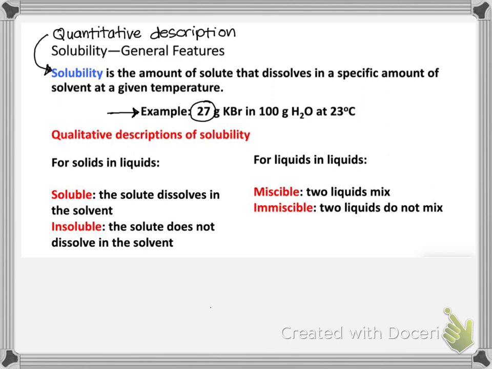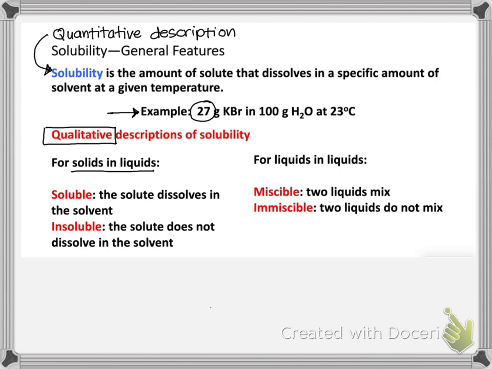Now we also can have qualitative descriptions. And qualitative descriptions use words to tell us what's happening or what we observe. And so in terms of solubility, we talk about the words soluble and insoluble, for example, or miscible and immiscible. So when you are mixing solids in a liquid, qualitatively we'll see that the solid either dissolves or it doesn't.